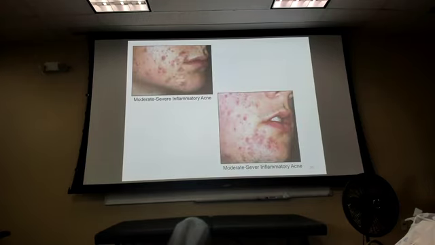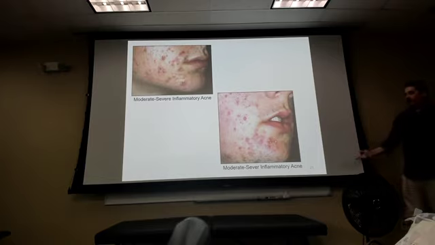So here is moderate. Okay, so we can see some of the pustules, we can see some of the papules, but we can also see some of the nodules, right? So y'all can see the nodules up there, like right over here. It's not a lot, right?